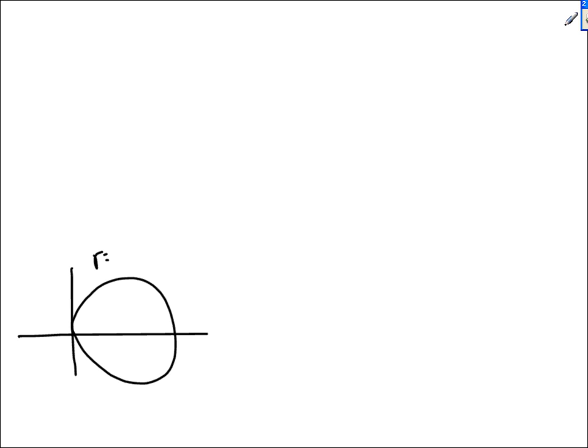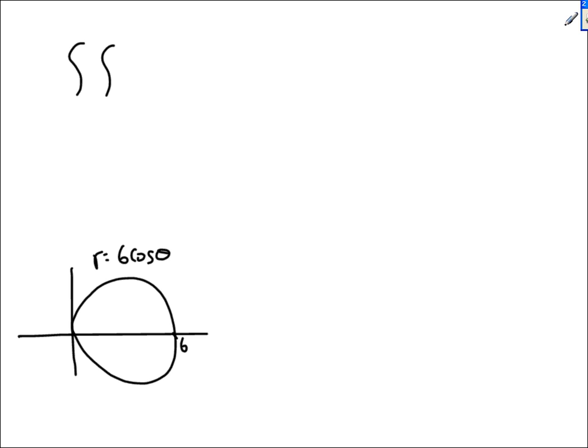If somebody asked you to find the area of this graph, using double integrals, you're told that r is equal to 6 cosine theta. This is going to be 6 out there. You want to use double integrals.